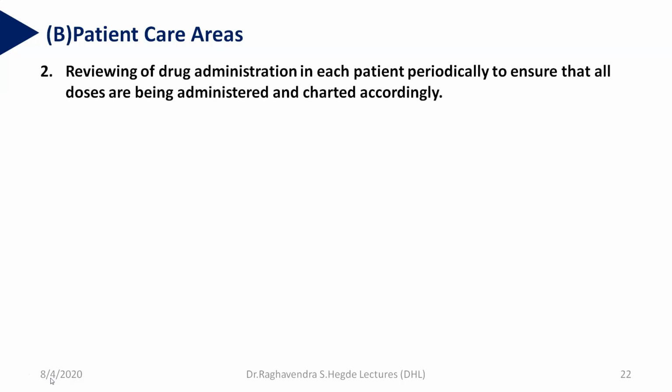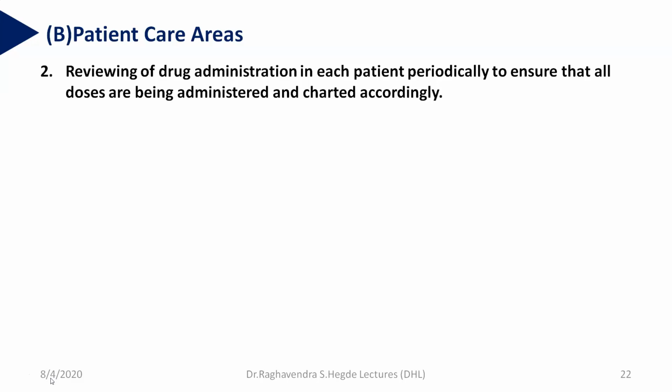He reviews the drug administration in each patient periodically to ensure that all doses are being administered and charted accordingly. Whenever drug administration happens for each patient, we do ward rounds, and the clinical pharmacist is the person held responsible, whether the administration is through IV route or IM route, for whether the dose is correct or not.